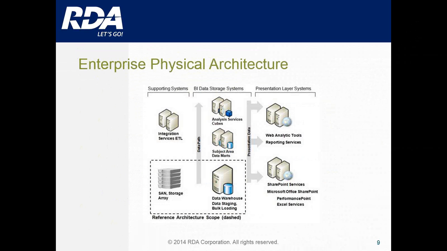And finally, whether it's your reporting services database, whether it's your SSAS cubes, and if you're presenting through SharePoint, you may have SharePoint databases, etc. Overall, you have supporting systems, you have BI data storage systems, and then you have presentation layer systems. All of these in an enterprise usually get spread across a multiple server farm.